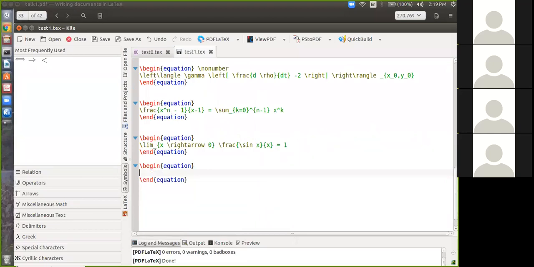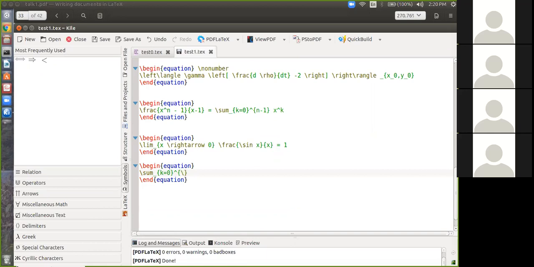So first let me write down the summation, slash sum, summation underscore k equal to 0, to the power or superscript the upper limit. You can put bracket or not, extra bracket will not harm.